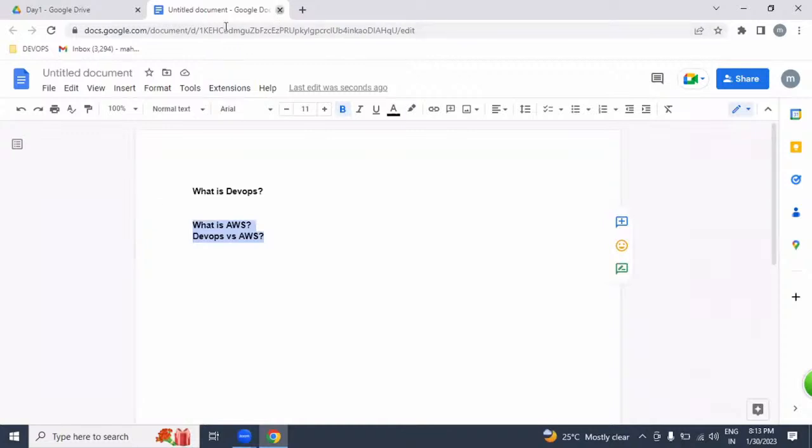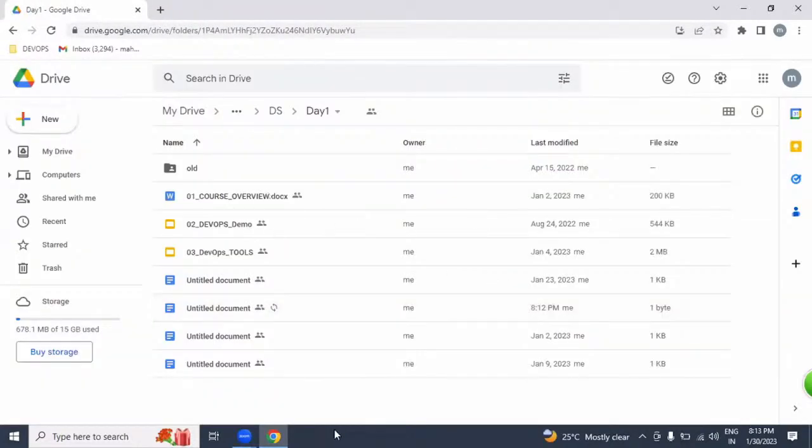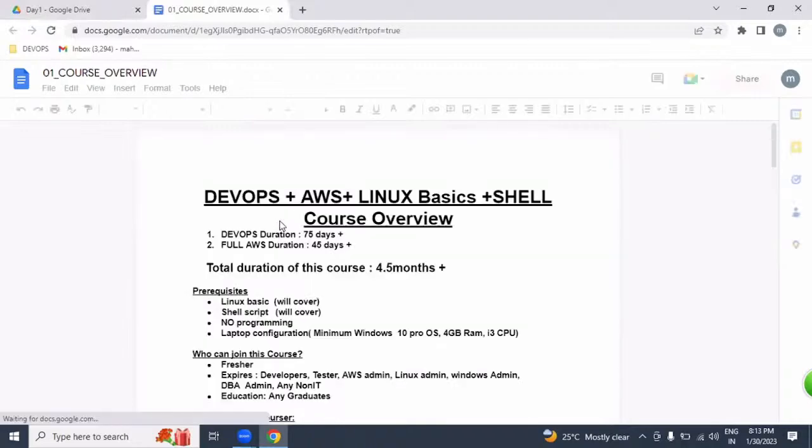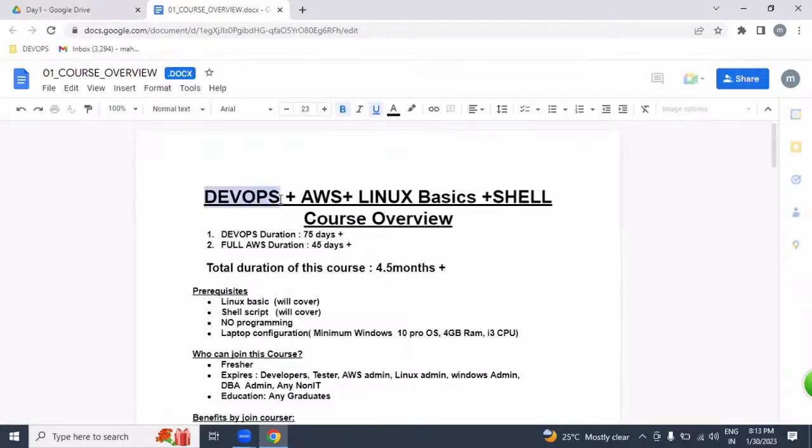Before starting the session, what exactly is this course and what are we going to do? Just an overview of this course before starting the demo session. Let me discuss what exactly this course covers. This course is completely designed with complete DevOps plus complete AWS, both in this duration.